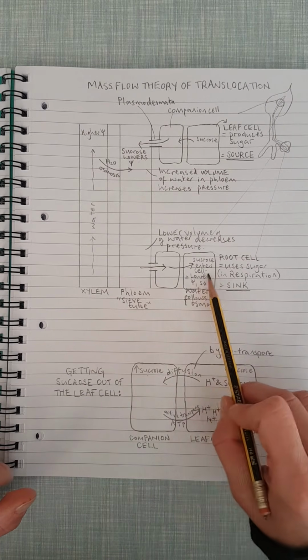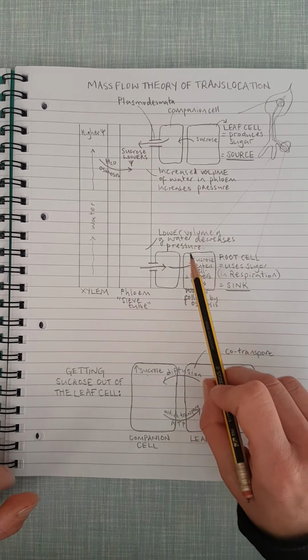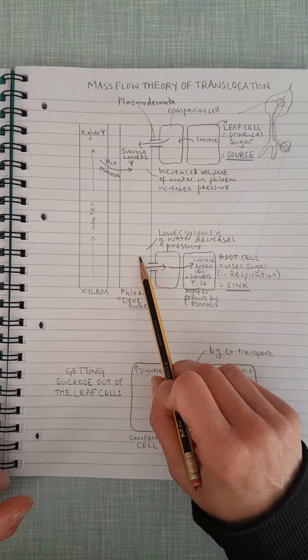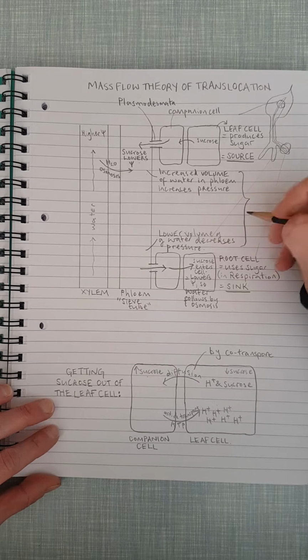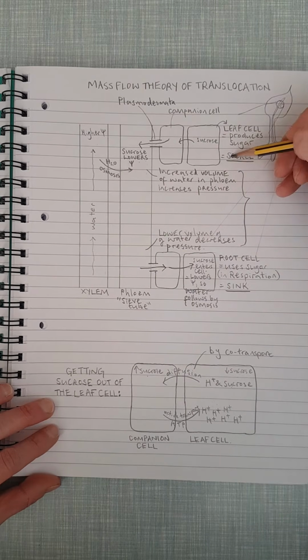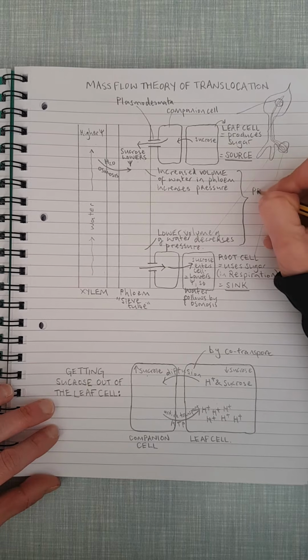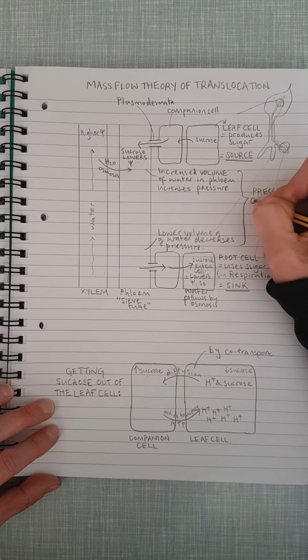Water is now leaving the phloem at the bottom of the phloem. And so because of that, you get a lower volume of water and that decreases the pressure. We now have from the top of the phloem to the bottom of the phloem a pressure, not a water potential gradient, a pressure gradient.